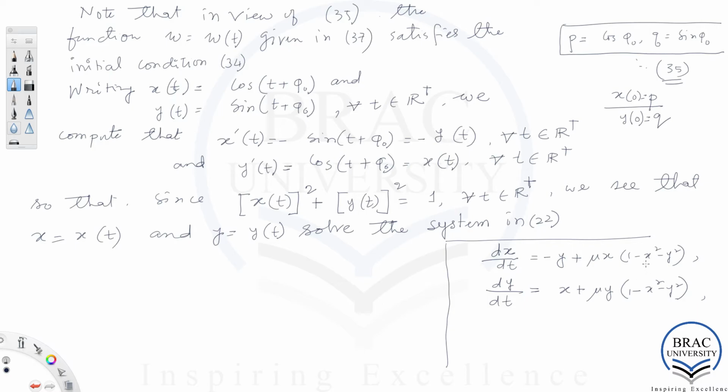You see that as x squared plus y squared is equal to 1, this is going to be satisfied, because we have seen that x prime is minus y, as we have here, and y prime is equal to x whenever we have x squared plus y squared equal to 1. Okay.